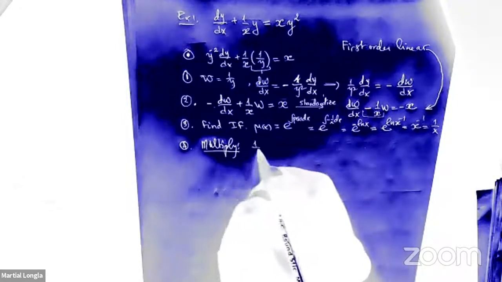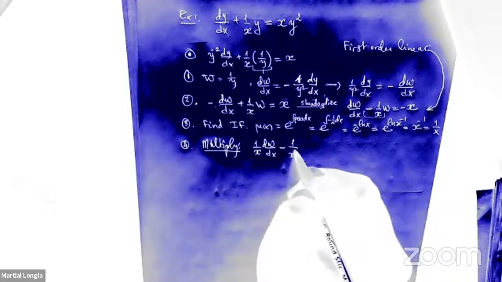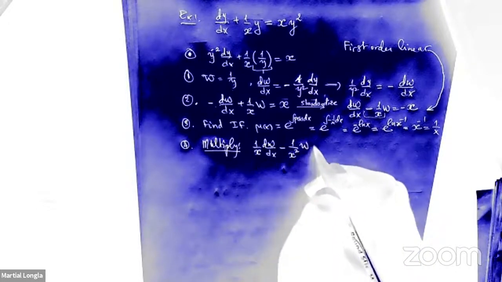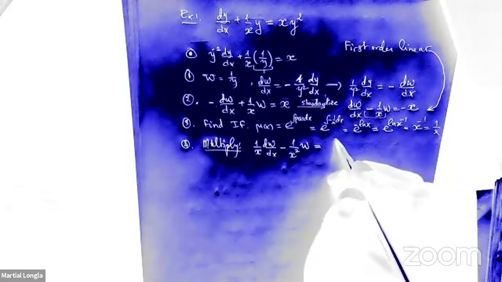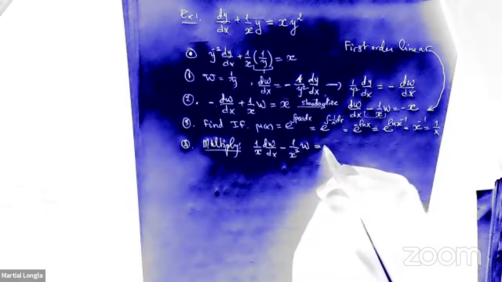And so here we are going to multiply the whole equation by the integrating factor, which is 1 over x. You get 1 over x dw over dx minus 1 over x times 1 over x, that's 1 over x squared w, equals, you multiply the right-hand side by 1 over x, you get minus 1.